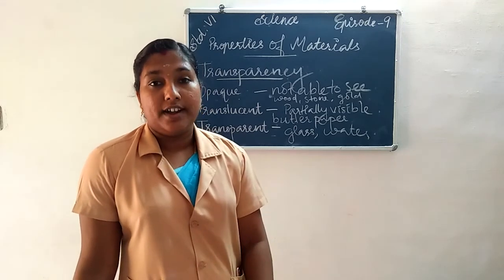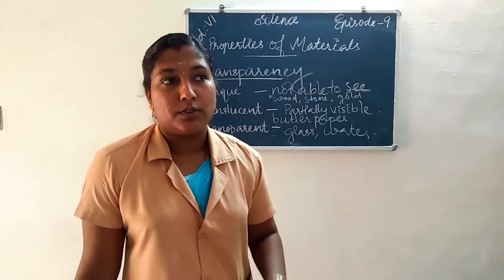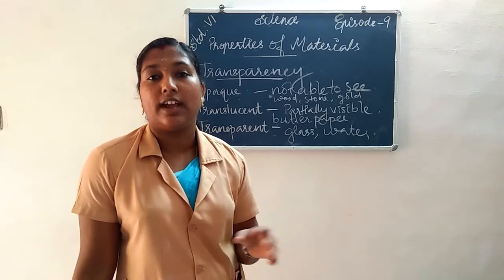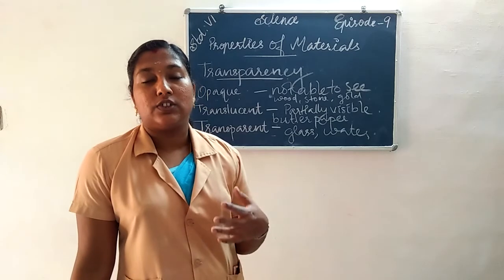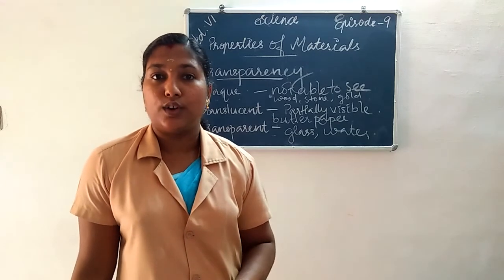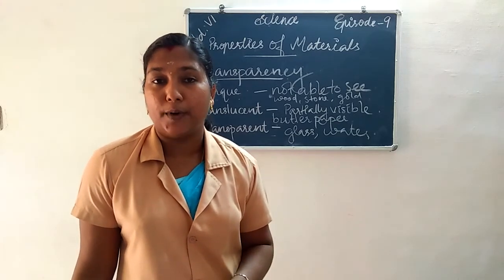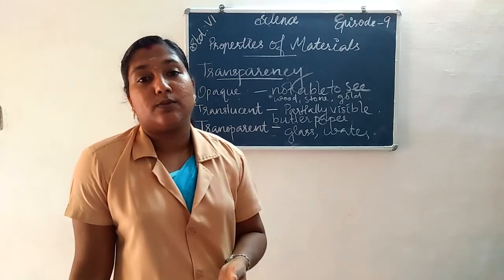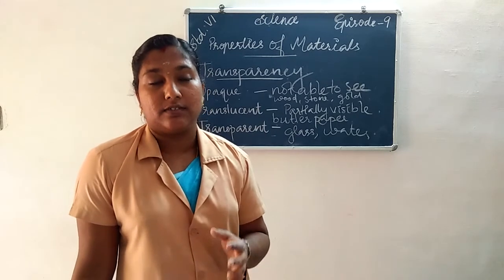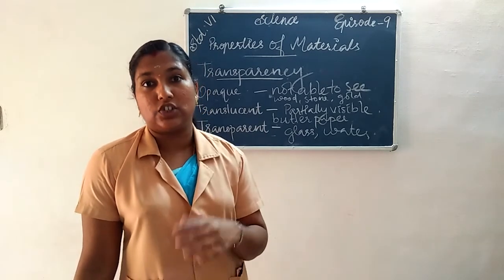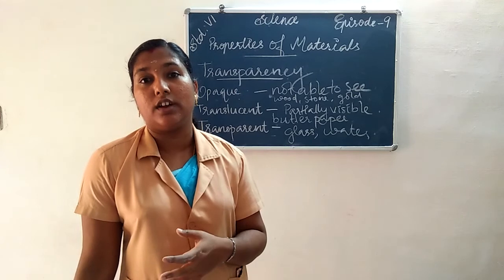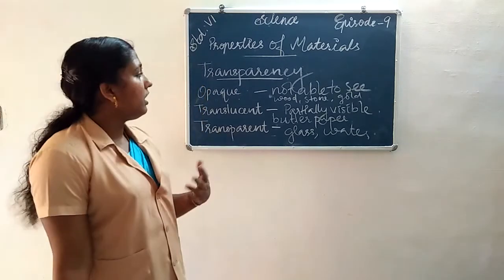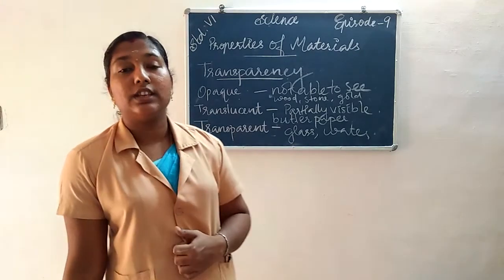Then hardness. On the basis of hardness, the materials can be grouped into soft and hard. The materials which can be compressed easily are called soft materials. Example, sponge. Hard materials are the materials which cannot be easily compressed. Example, stone. Then next we learned about soluble or insoluble.